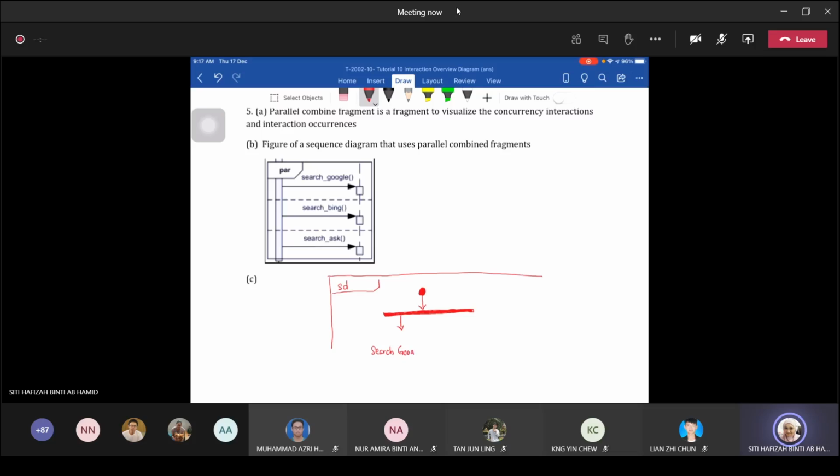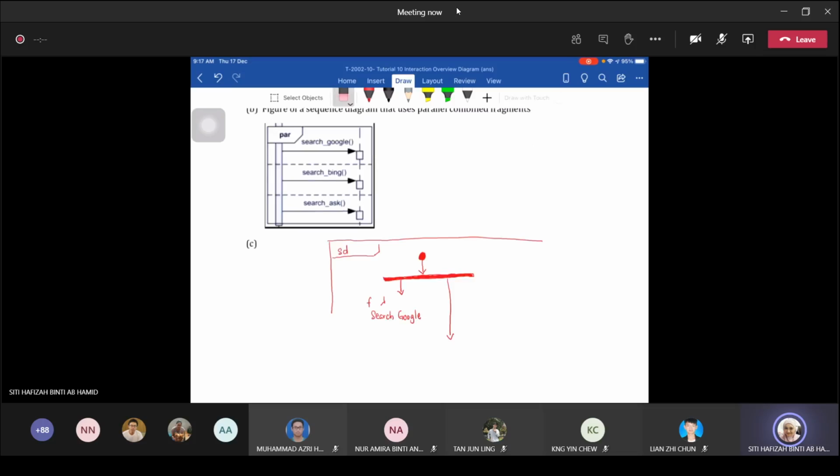Let's say this one has many processes. Then you will have something like this. If not, you will be confused, so you just throw in the normal one. Actually, you can have something like this: SD search Google, and then you can have this.